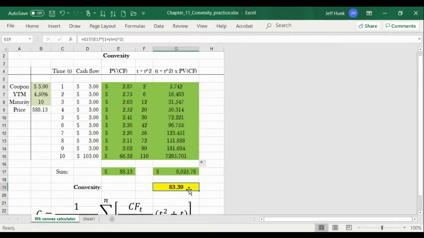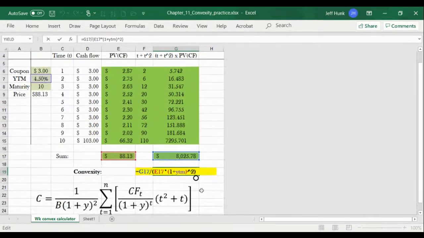It's already built in here, but convexity is E17, I mean, E17 is the bond price, right? Bond price.